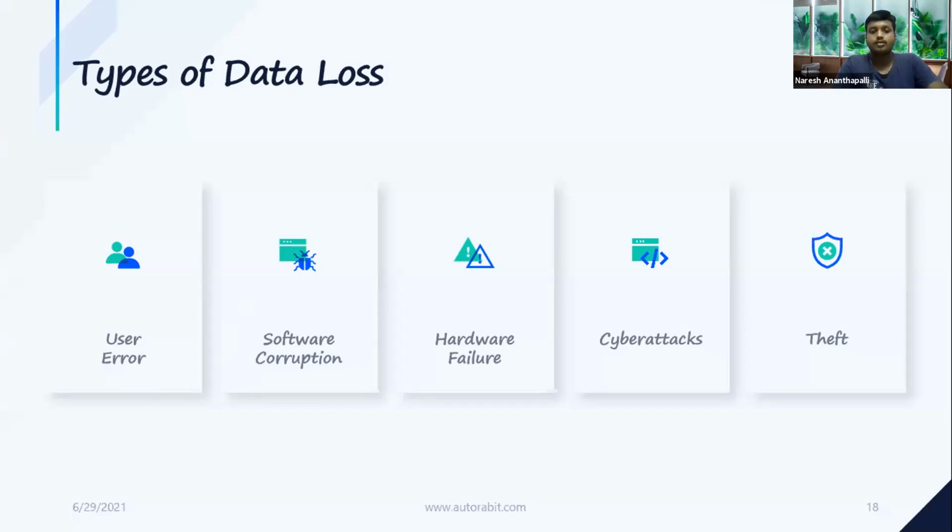Also, there could be software corruption or hardware failure, which may lead to data getting corrupted across the tables. There are also chances that cyber attacks or stealing of data can bring down our systems in certain cases, resulting in a few days of outage, which may ultimately impact the business in a different way.